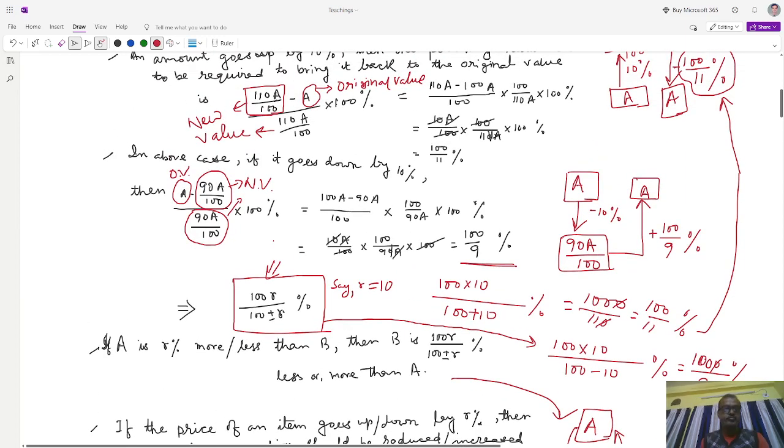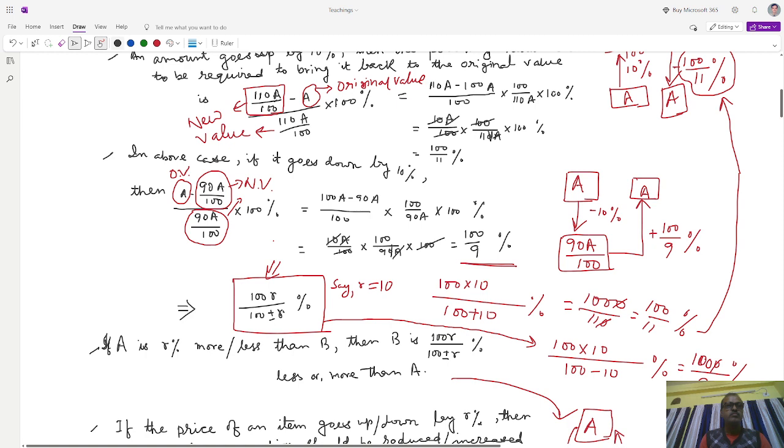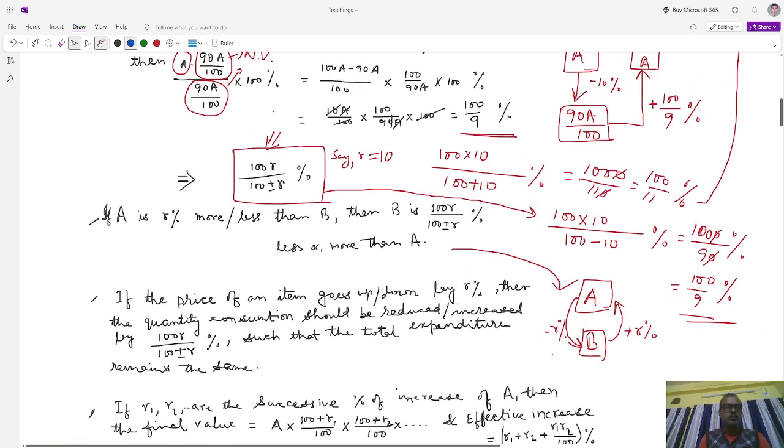So this case and this case are the same, only the language is different.